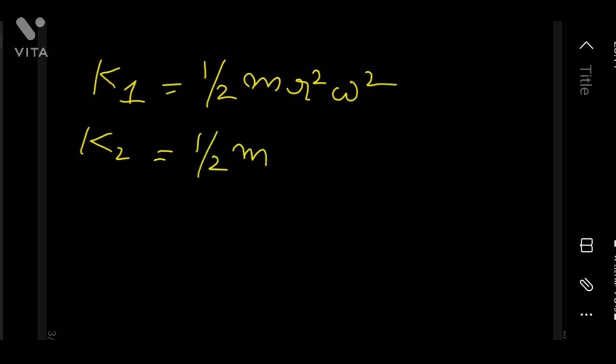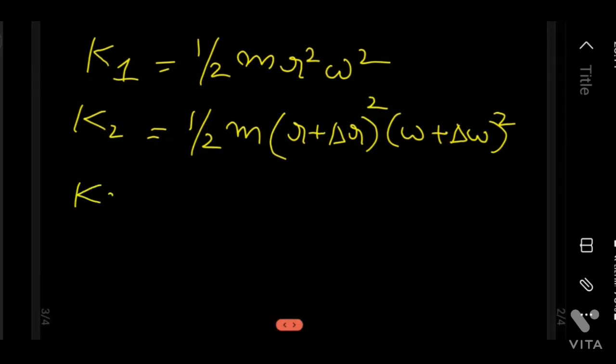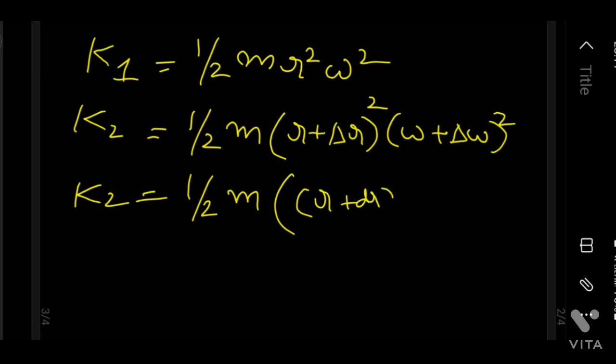K2 I can take as half m times (r plus dr) omega plus d omega, the whole square.